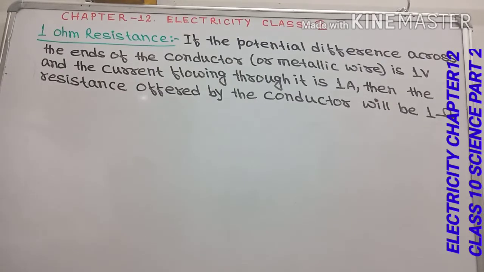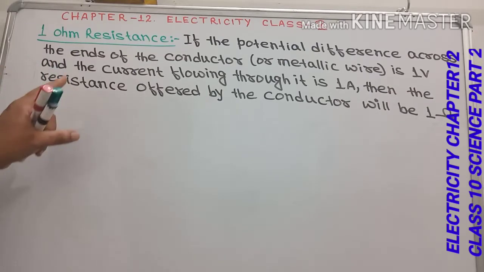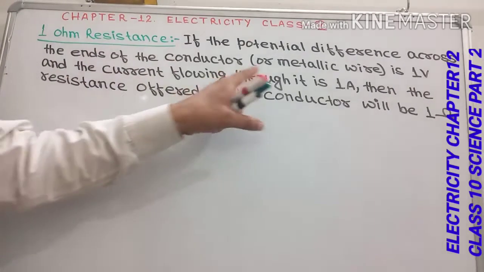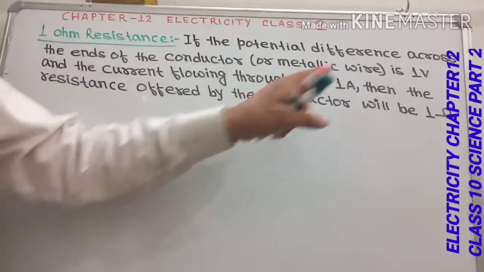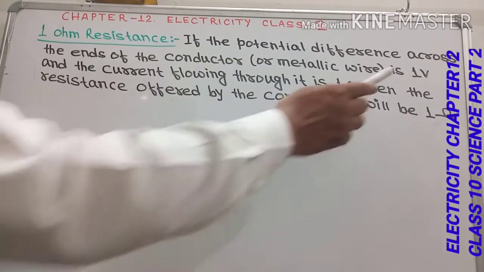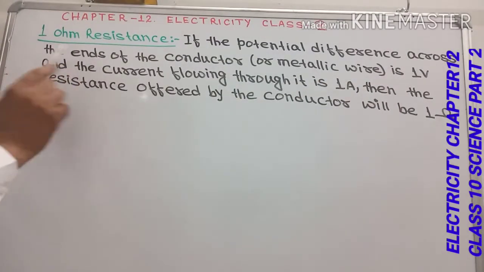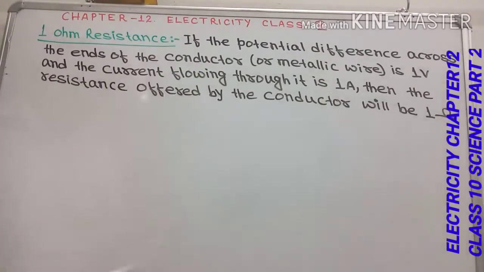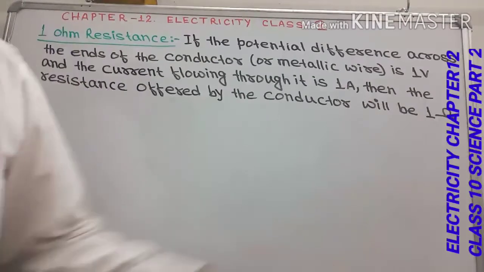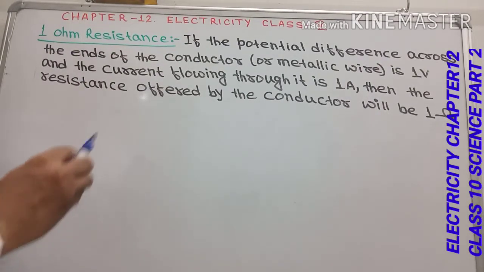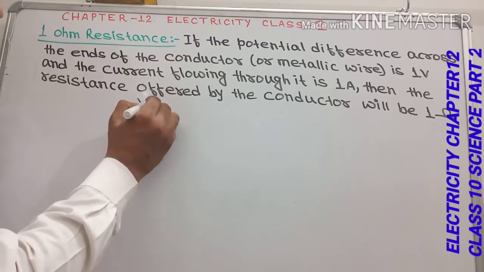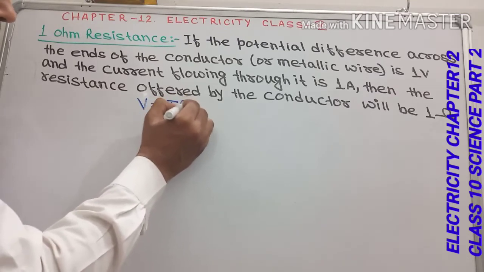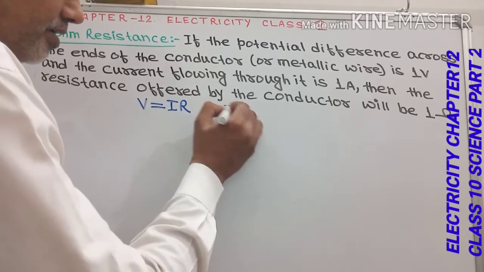So now 1 ohm resistance means: if the potential difference across the ends of the conductor, that is the metallic wire, is 1 volt and the current flowing through it is 1 ampere, then the resistance offered by the conductor will be 1 ohm.